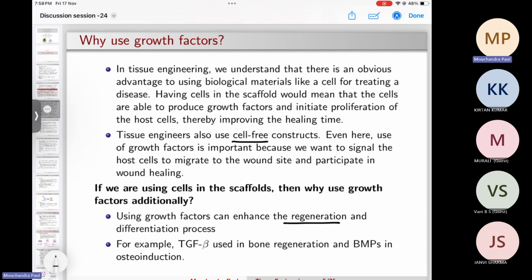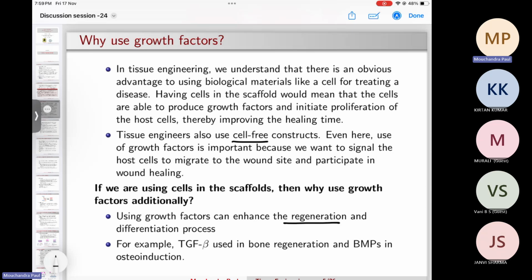So you can engineer your tissue scaffold where you are using endothelial cells, but you also deliver VEGF. It will not only allow the angiogenesis process to occur for the endothelial cells, but will also allow the host endothelial cells to start angiogenesis earlier, so blood vessel formation happens at an accelerated rate. In this way, we can enhance our regeneration process.